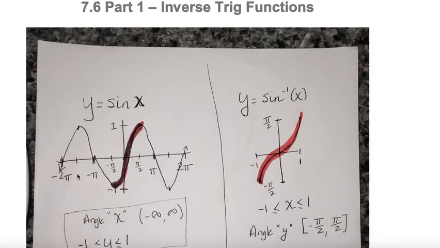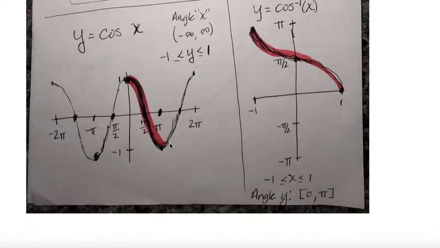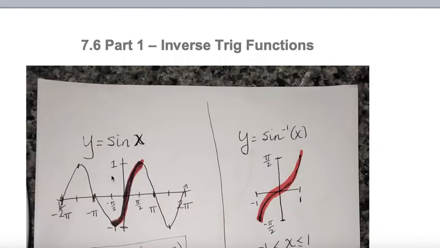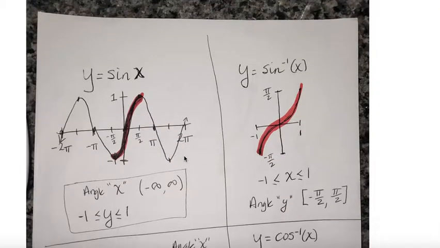The sine function and the cosine function, neither one of them are one-to-one. In other words, they don't pass the horizontal line test. They're not one-to-one. So I can't take their inverse if we use the whole domain of this function. But if I restrict the domain from being negative infinity to positive infinity, all angle measures, to just negative pi over 2 to pi over 2, negative 90 to 90 degrees, then this little piece of the sine wave, that is one-to-one.